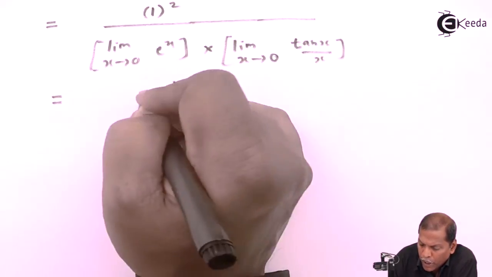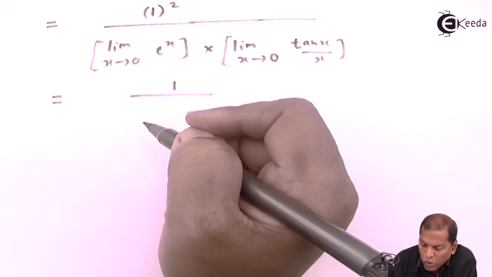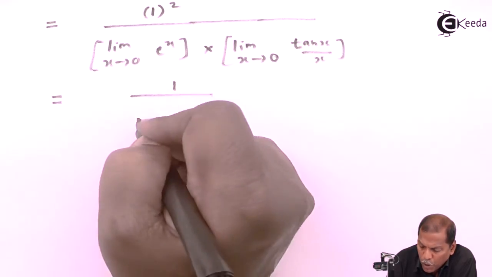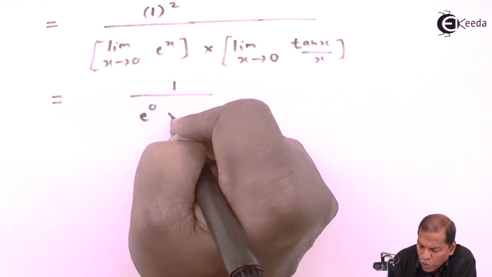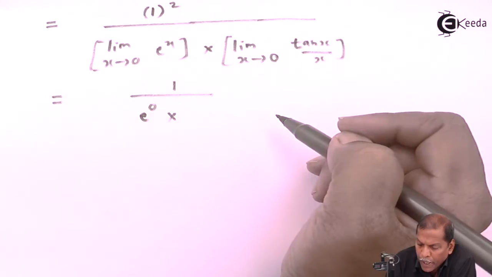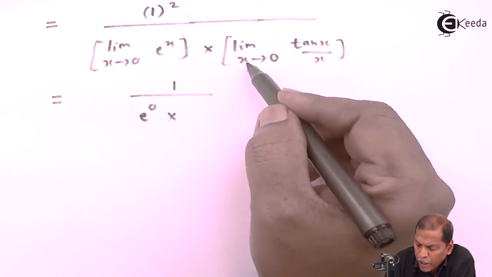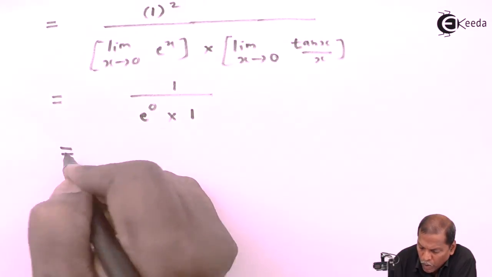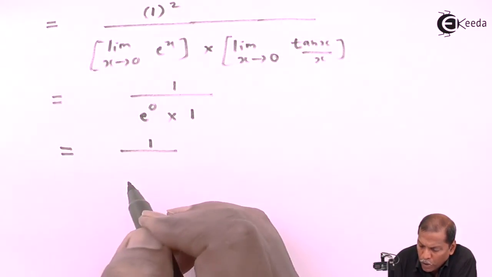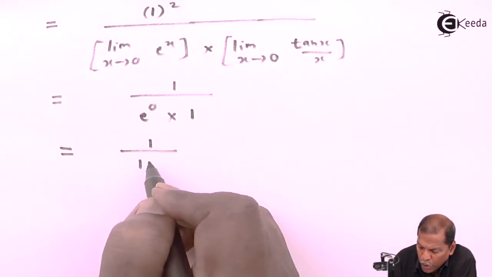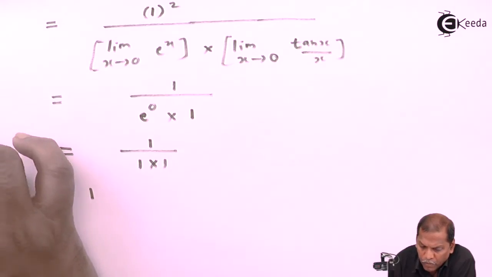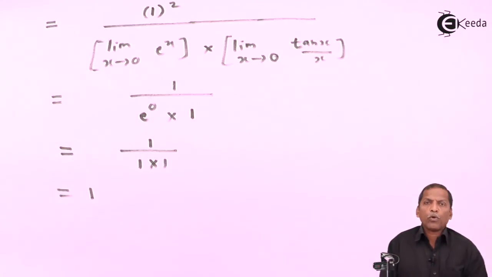So 1 the whole squared gives 1, upon, in the first bracket we substitute the limit x equal to 0, so we have e^0, and the second bracket is a rule that the limit as x tends to 0 of tan x upon x gives 1. That equals 1 upon, now e^0 gives 1, into 1, so finally we get 1. So this is the required solution for the given problem. Thank you.